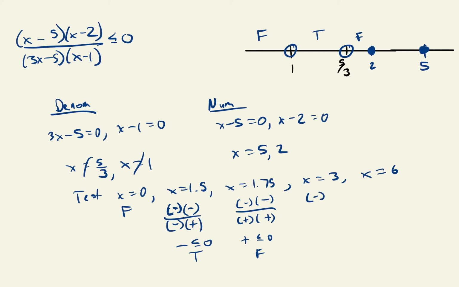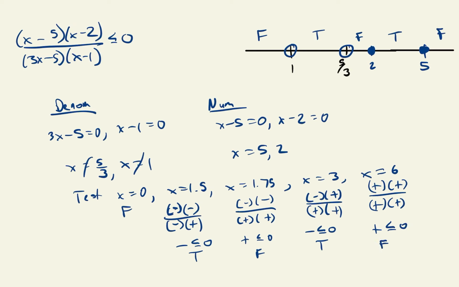Now we have 3. If you plug in 3, you're going to have a negative times a positive times a positive times a positive. So that's 1 negative. So that is true. And then the last one is 6. So that's going to be a positive times a positive times a positive times a positive, which means a positive is less than 0 is false.